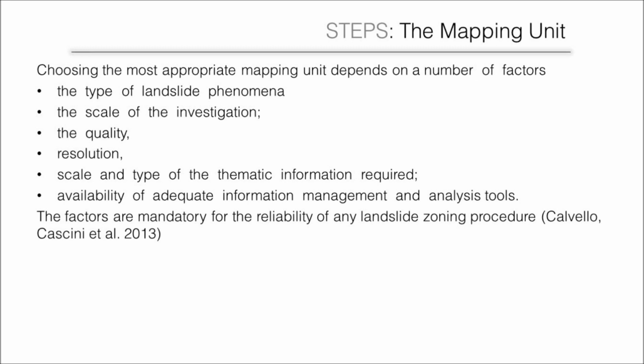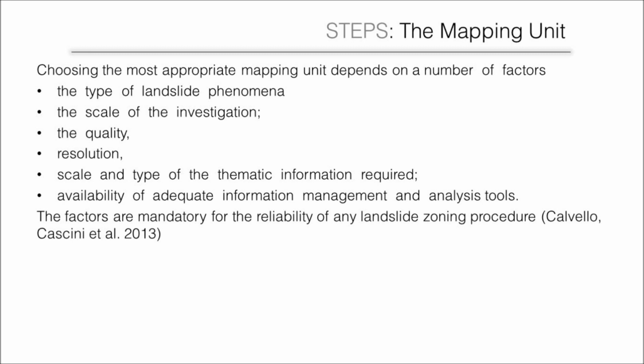For example, for a landslide, the shape of the unit cannot be square, because a landslide won't happen as a square. So if we say that the grid is the best for landslides, this is not a correct statement. The unit that represents the event should be as close as possible to the natural representation.